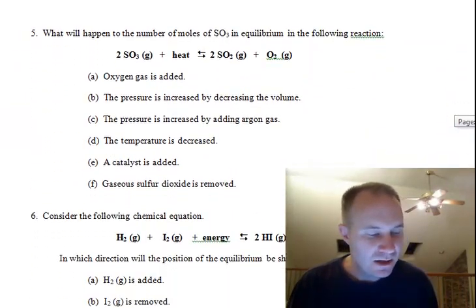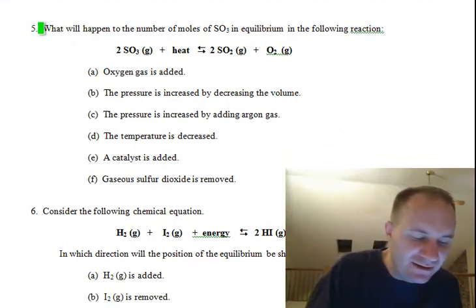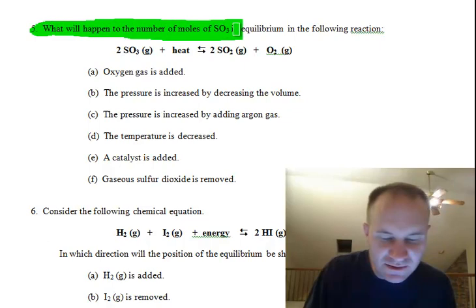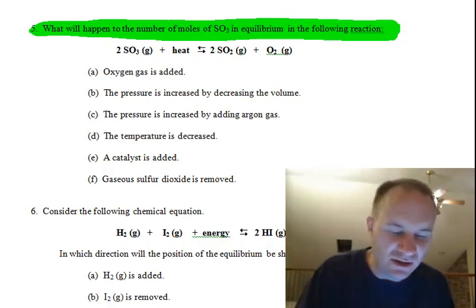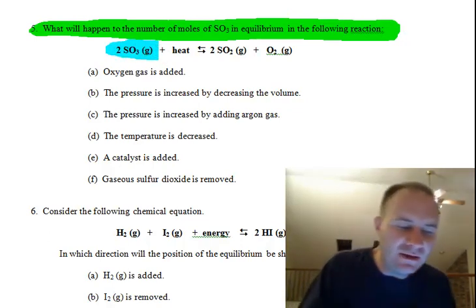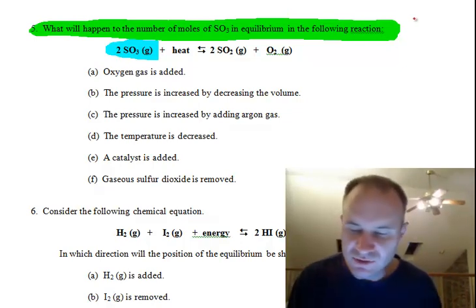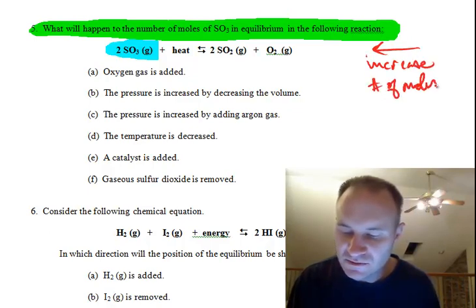If we look at problem number 5, it's another way of asking essentially the same thing, and that is, does it shift to the left or to the right? Since we're talking about the number of moles of SO3, anything that causes the equilibrium to shift to the left would cause an increase in the number of moles of SO3.